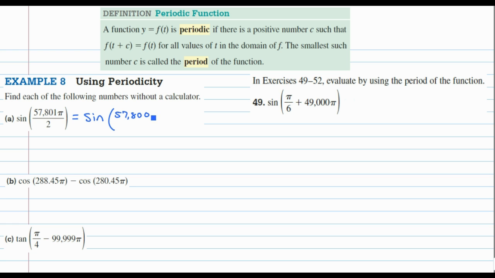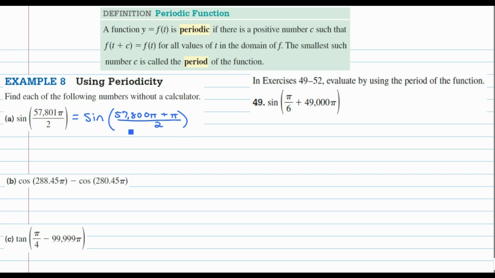57,800 pi plus another pi, all over 2. So if you have 57,800 pi plus another pi, you have 57,801 pi all over 2.